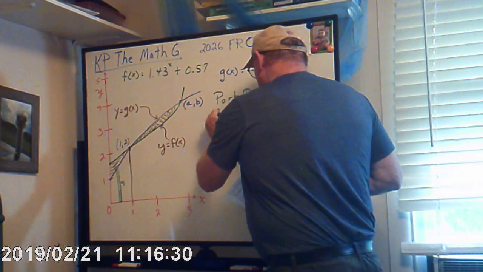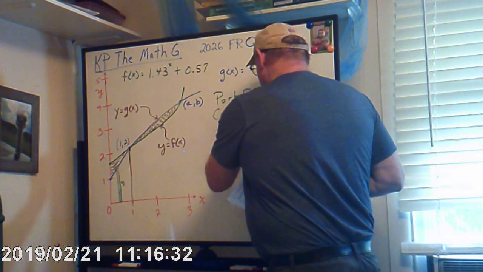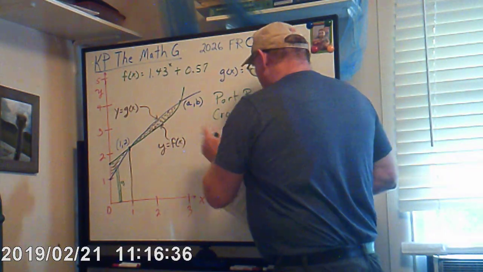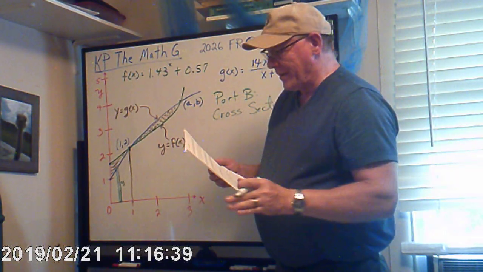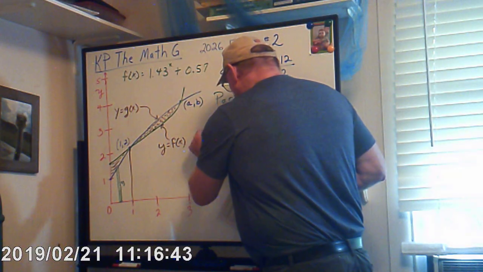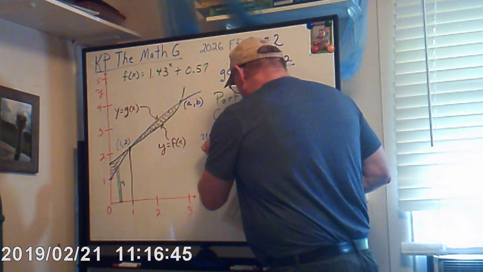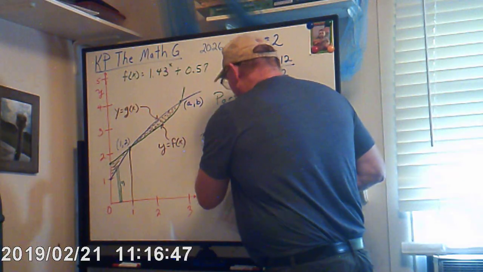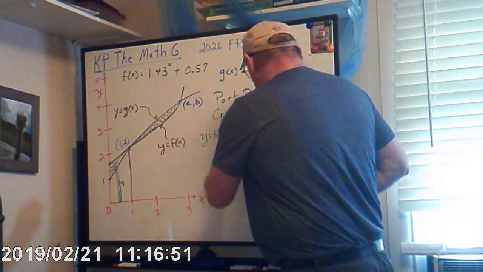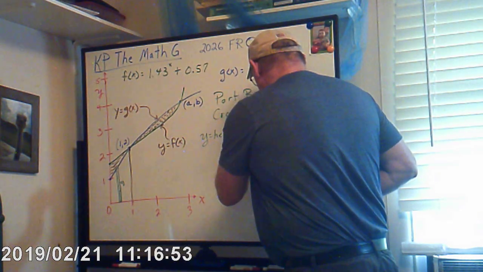Sorry, cross section. Okay. And anytime you see that, you're just going to do this. So your height, what's the height? Well, the height is y. That's the height. And we're still looking at the blue curve. So the height is just this. So the height is g at x.